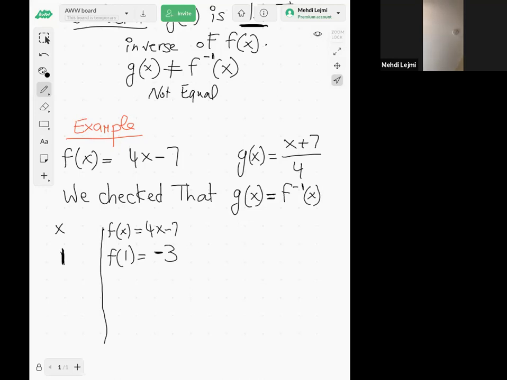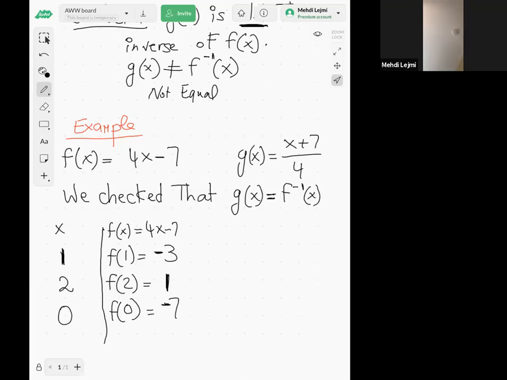Or if my x is 2, then f of 2 would be 4 times 2 minus 7, 8 minus 7, it's 1. So I'm going to have 1 here. Let's take another example, the last one. If x is 0, then f of 0 would be 4 times 0 minus 7, so it's going to be negative 7.